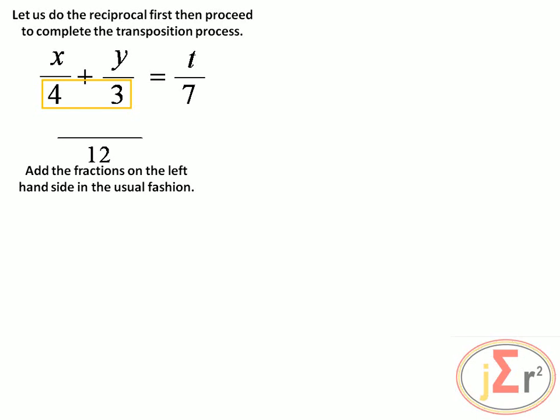There we have 12 as the common denominator, and then we are adding the fractions in the usual way. We know this way of adding fractions that have what we call exclusive denominators, that is, denominators that do not have common factors.